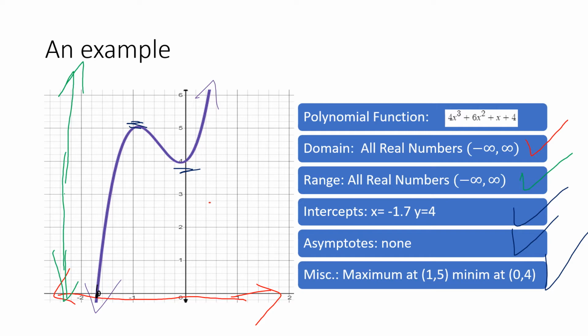All right. In Desmos, the first thing you're going to do is put in a function like this. Type it in exactly like this. I will be able to help you with putting these functions into Desmos.